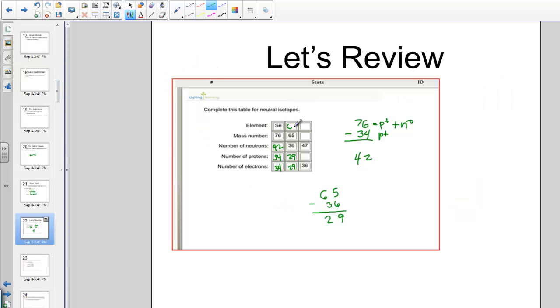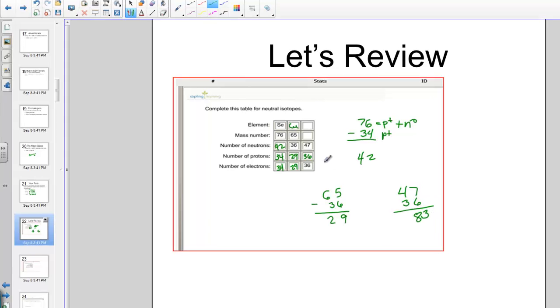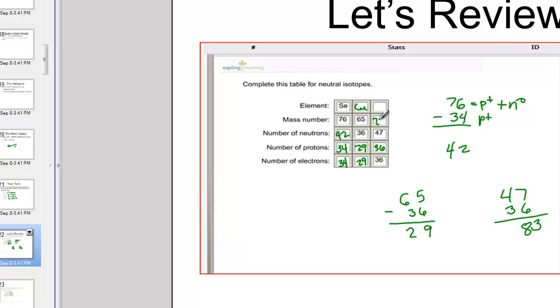How you doing? Is this easy? Here we're given the number of neutrons and the number of electrons. As soon as I know the electrons, I also know it's the same number as protons because atoms are neutral. I can add 47 and 36 to get my mass number, because the sum of protons and neutrons added together gives me 83.